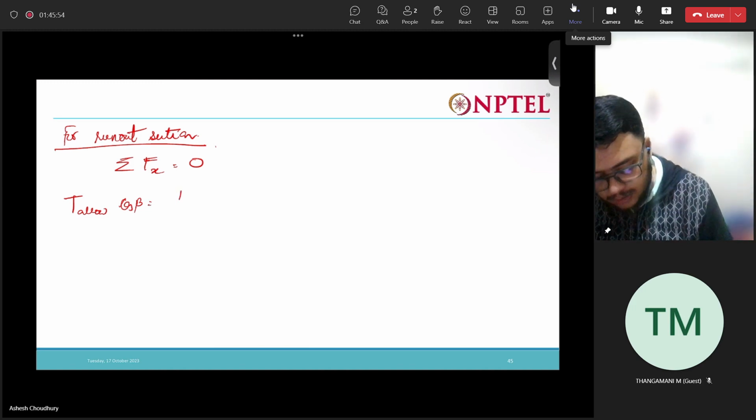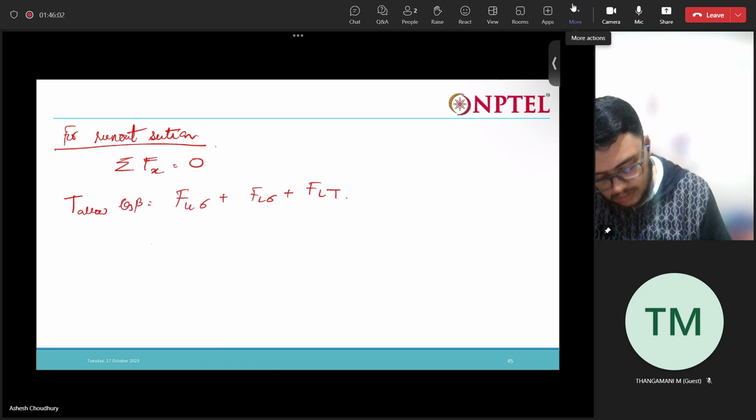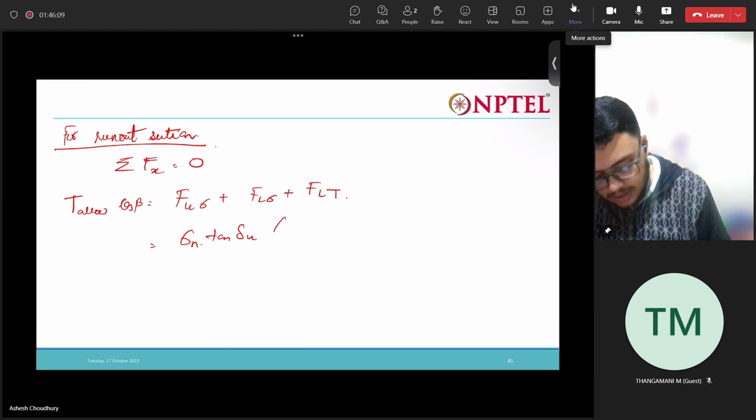Almost same as whatever you did in the thickness. What is this one? Upper normal stress, tan delta upper into L runout length, same. Right, almost same as that.